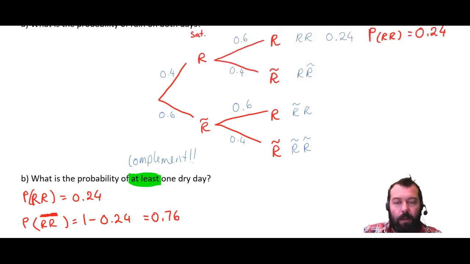Now that bar above becomes a little confusing. Anyway, the probability of at least one dry day is 1 minus the probability of 2 rainy days. Okay. Keep that in mind. When you see the words at least, you're probably going to use complementary events.